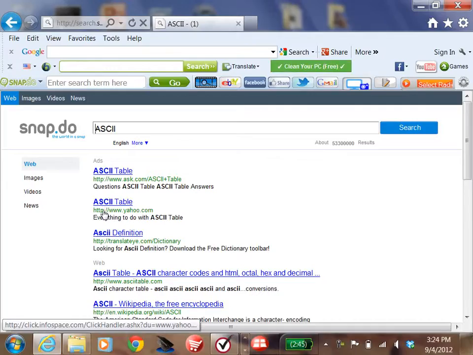ASCII table. ASCII definition. ASCII table character codes. ASCII Wikipedia. Oh, Wikipedia is the source of all knowledge now. Well, let's just go to the first one and see what it looks like.